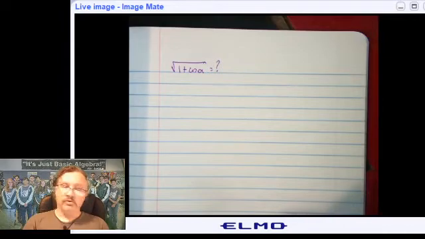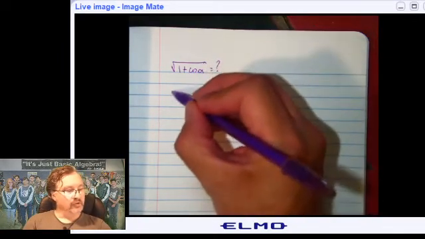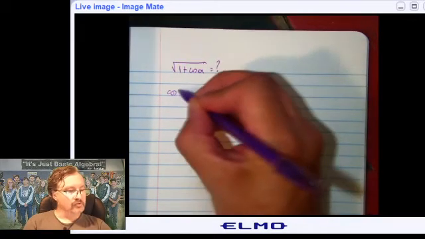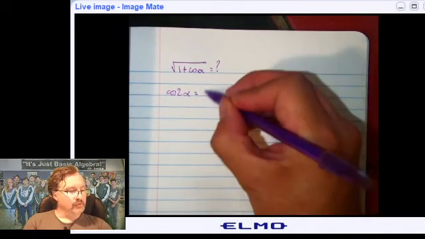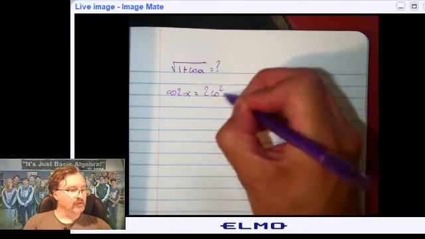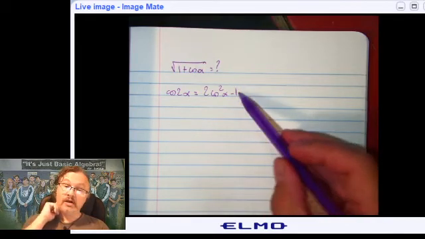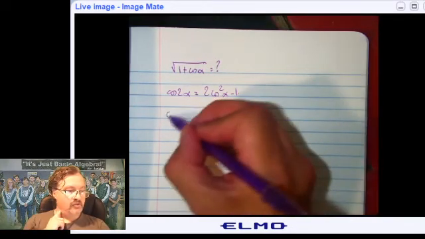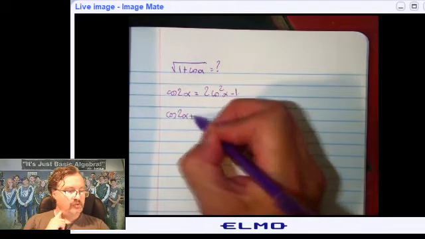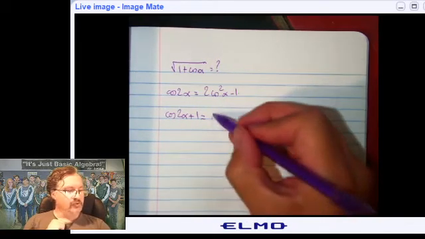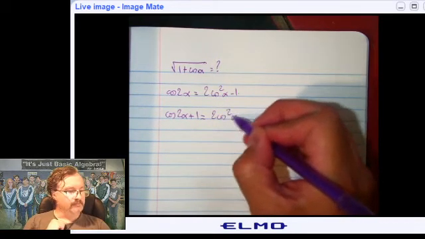Well, according to the double angle formula, we know that cosine 2 alpha is equal to 2 cosine squared alpha minus 1. Which means that if I add 1 to both sides, I'm going to get cosine 2 alpha plus 1 is equal to 2 cosine squared alpha.